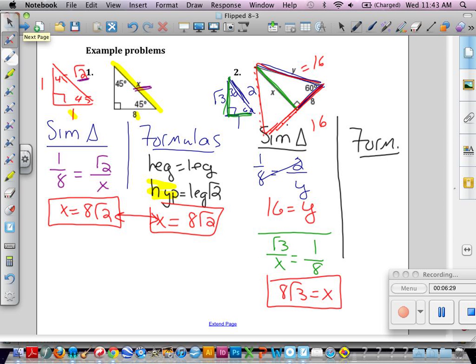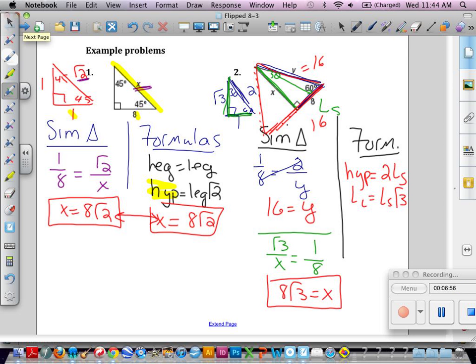If I want to use my formulas, I've got hypotenuse equals 2 short legs, and long leg equals short leg times root 3. This is my 30-degree angle. That will be my short leg. Across from my 30-degree angle is my short leg. 60 is the larger angle.